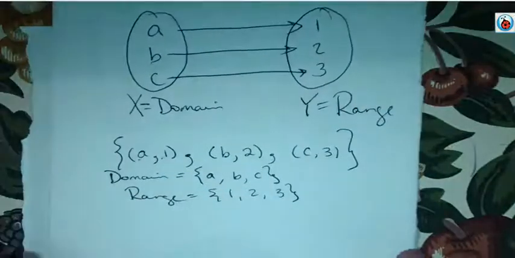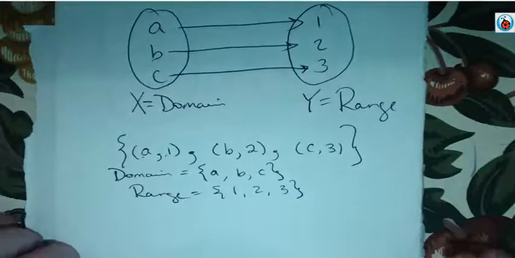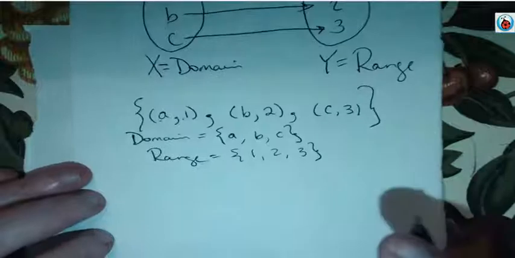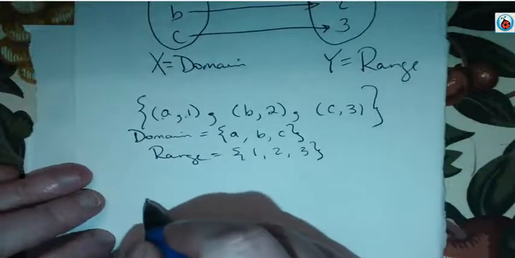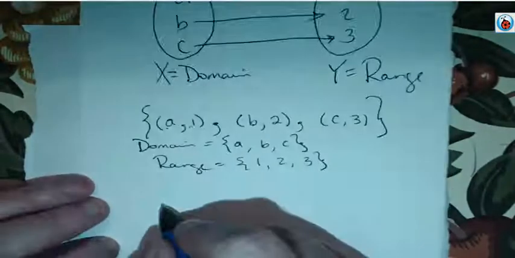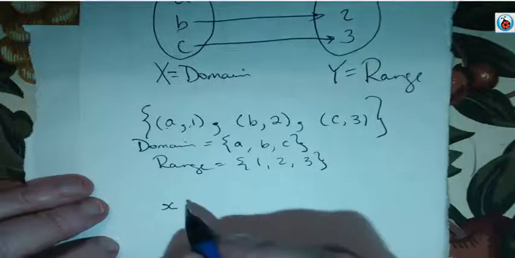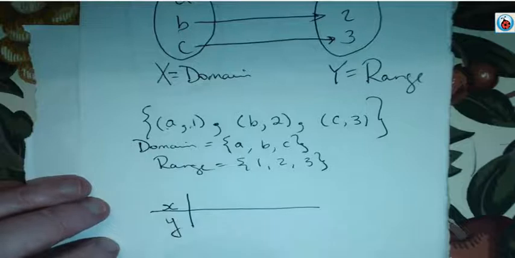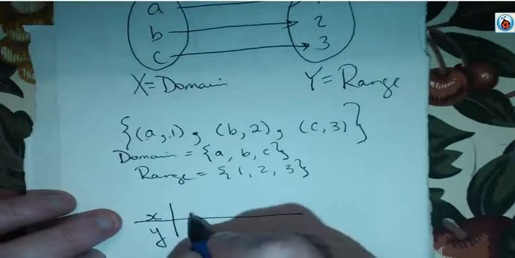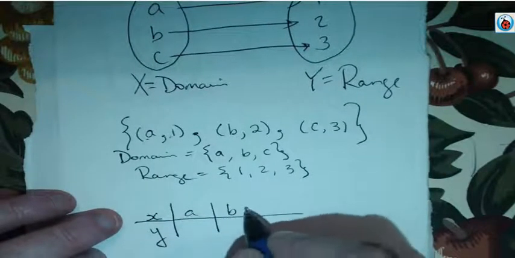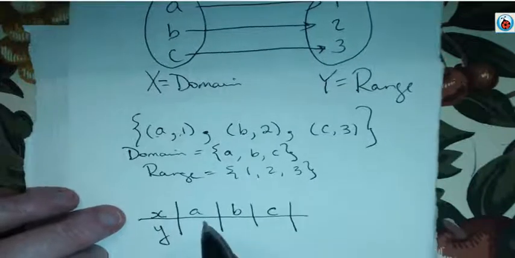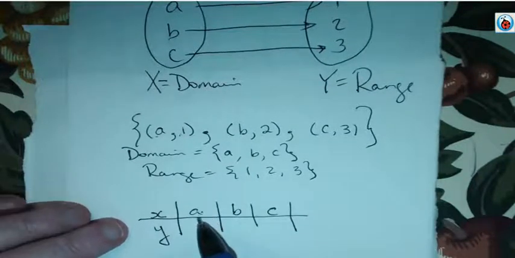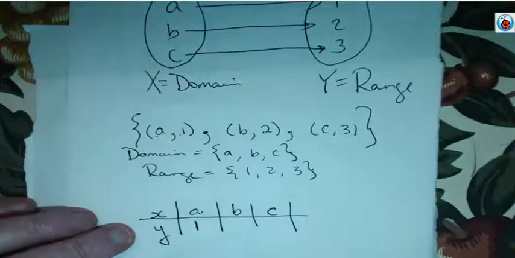Okay, another way we could have had this relation presented to us is in a table. So the domain, which is going to be my X values, so typically X means domain and Y means range. My X values are going to be A, B, and C. And so A in my domain is paired up with the number 1 in the range.